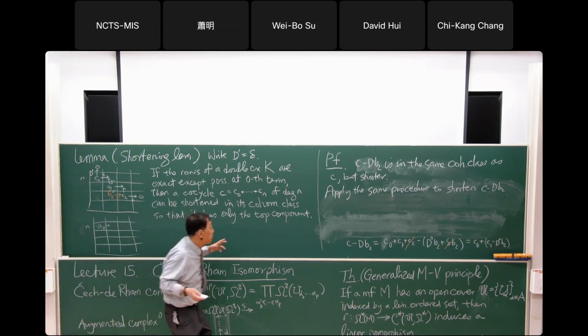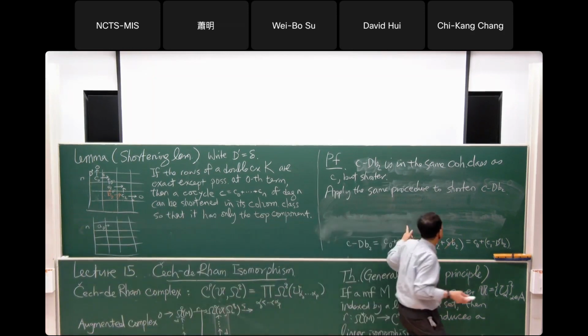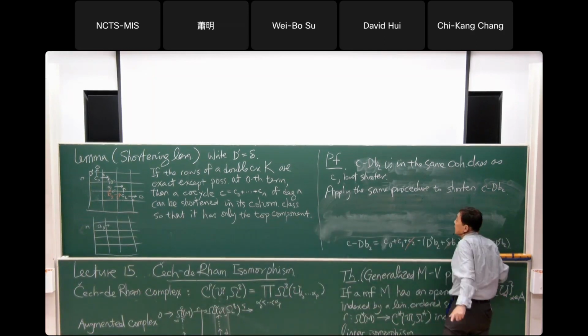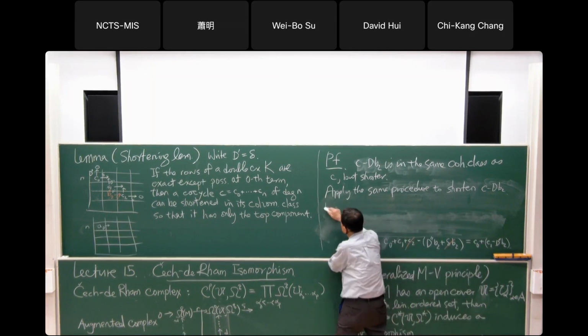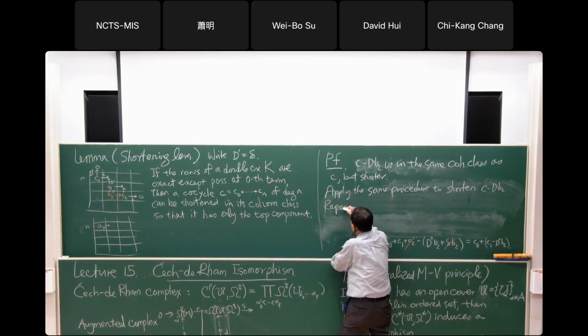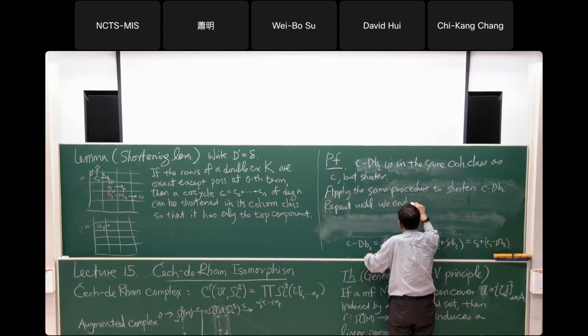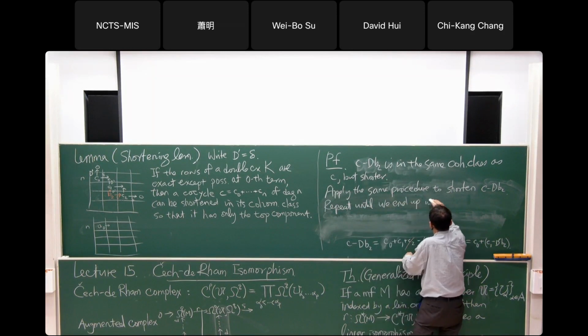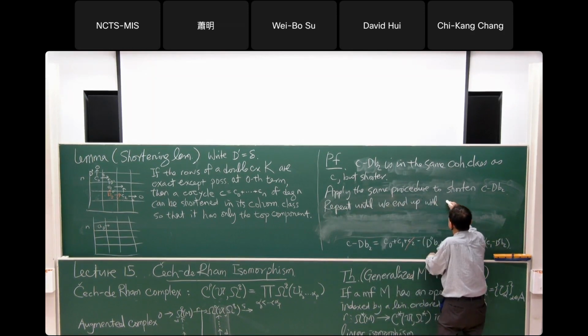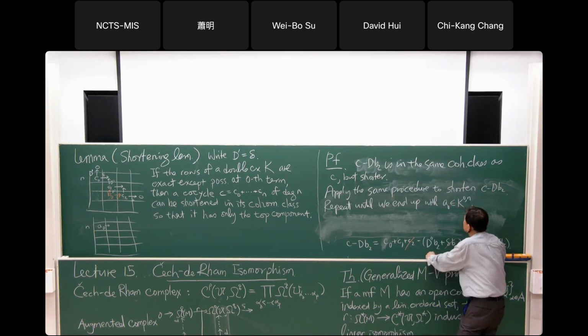Okay, so we can repeat until we end up with A0 in the top box, K0,n.